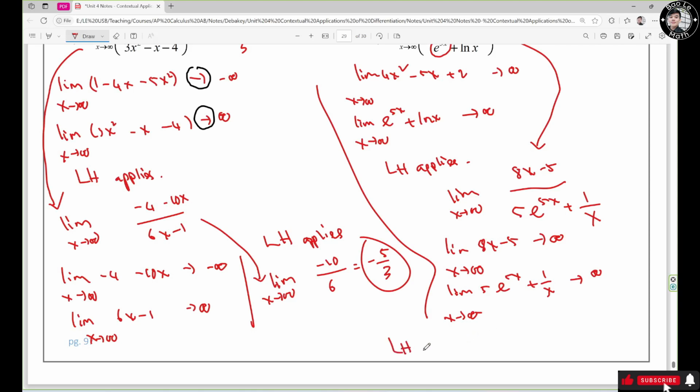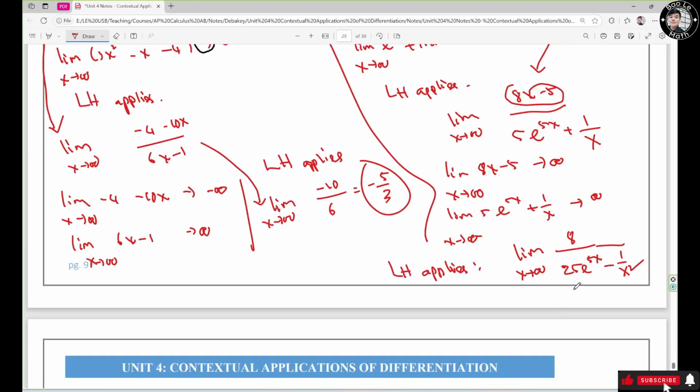So we have the limit when s approaches infinity of the derivative of this, which turns out to be 8. The derivative of this turns out to be 25 e to the 5s minus 1 over s squared, right? Now when s approaches infinity, the top approaches 8. The bottom approaches infinity, right? So the answer is 0.